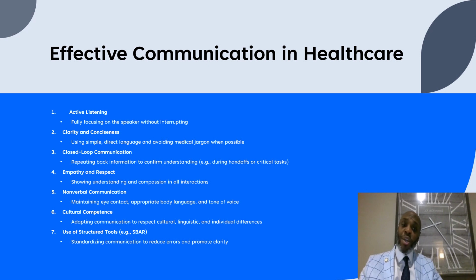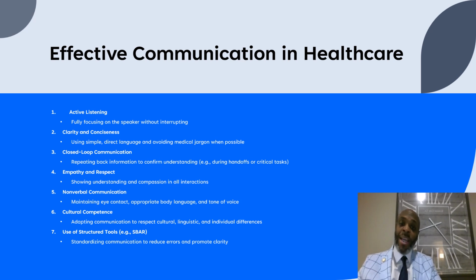Avoiding ambiguous terms or medical jargon, especially when talking to patients or across departments, helps prevent misunderstandings. Closed-loop communication is essential during high-risk situations like code blues or surgical procedures. When someone gives an order, the receiver repeats it back to confirm it was understood correctly.